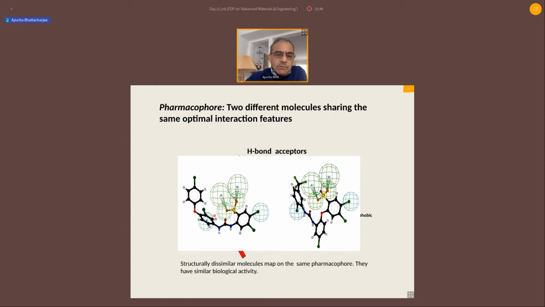These are the two hydrogen bond acceptors in both of them and two hydrophobic sites. Since this molecule is experimentally found to be antimalarial, we predicted that this molecule, since it shares the same pharmacophore model, should also be antimalarial. And indeed, we found that this is also a highly potent antimalarial.